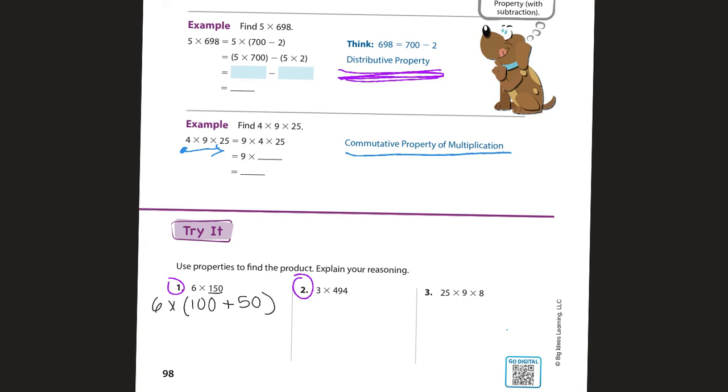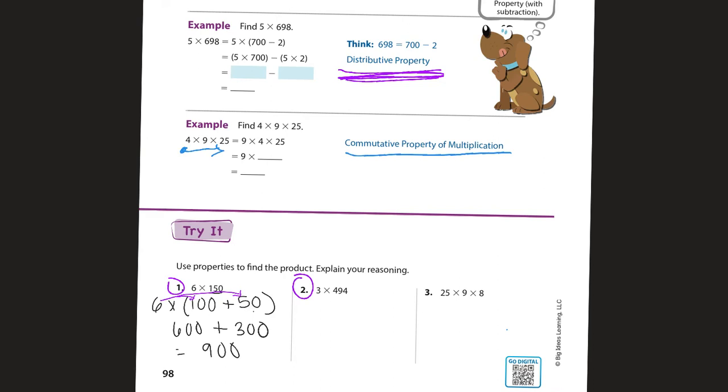And then I'm going to distribute the 6 to the 100 and the 6 to the 50. So 6 times 100 is 600 plus 6 times 50. Well, I know 6 times 5 is 30, and then I have to put one more 0. I add those together and I get 900.